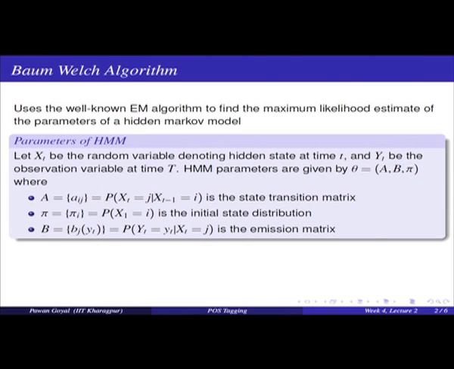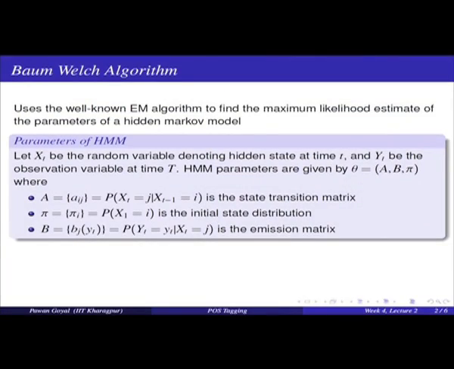Here I am using capital Xt to denote the random variable that is the hidden state, and capital Yt to denote the observation variable. Both Xt and Yt can take many different values. For our part of speech tag case, each Xt can take one of the part of speech tags, and each Yt can take one of the possible words.